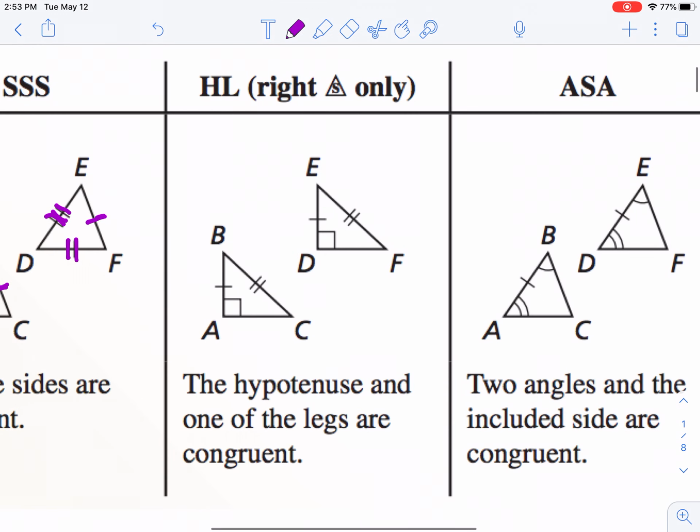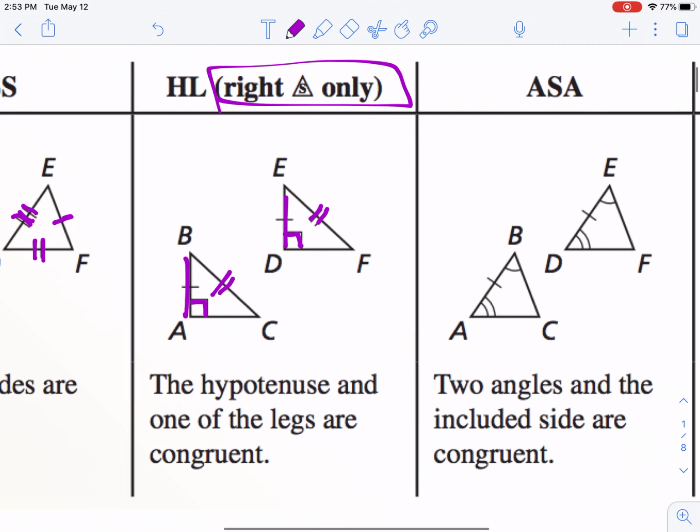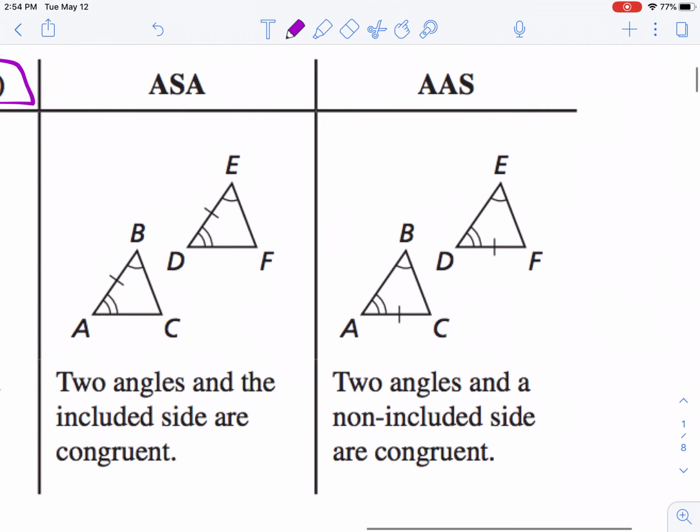Hypotenuse leg is for right triangles only. That is where you know it's a right triangle, so you have to have that 90-degree marking. You have to know the hypotenuses are congruent to each other, and then one of the legs is also congruent to each other. The last 2 can often be mixed up.